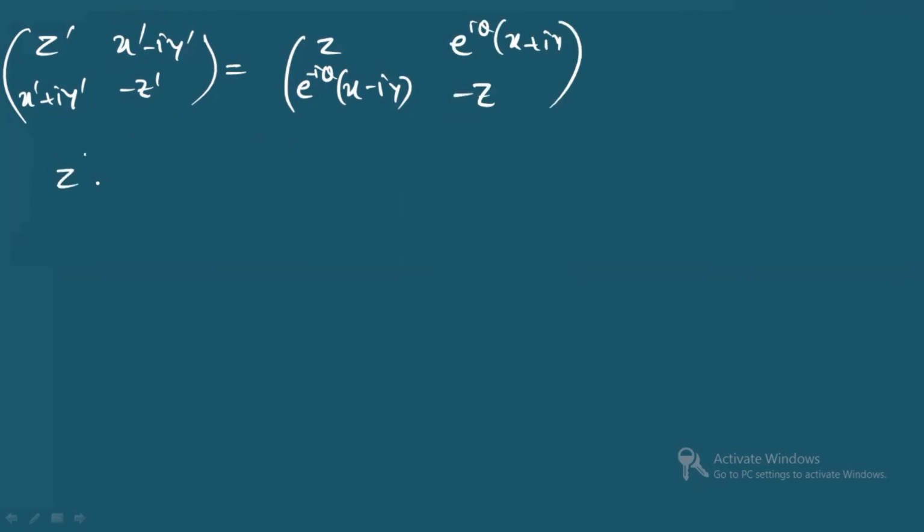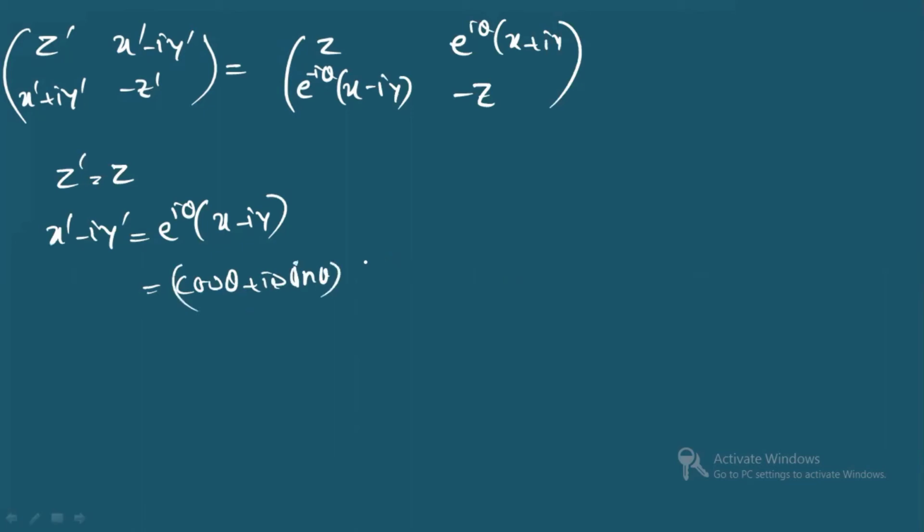When you compare, you will get z prime is equal to what? z, right? x prime minus iy prime is equal to what? e to the power i theta into x minus iy. Okay, this is what you are getting. So for this one, in this case, it is e to the power i theta, x minus iy, right? e to the power i theta is what? cos theta plus i sine theta, into x minus iy.